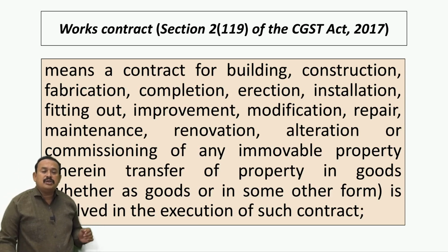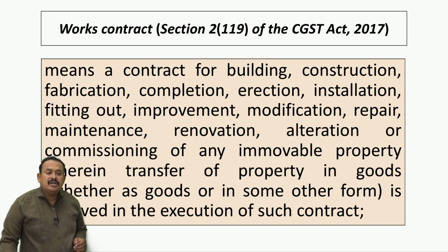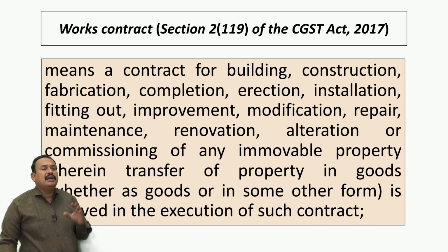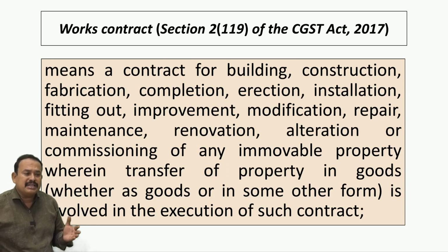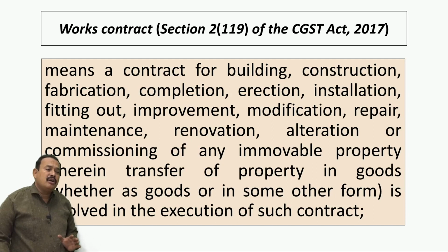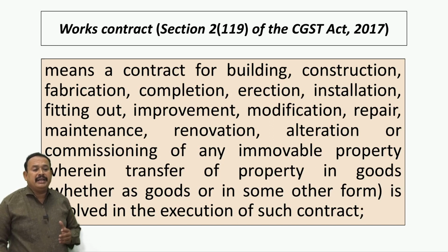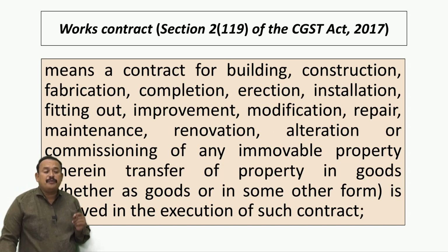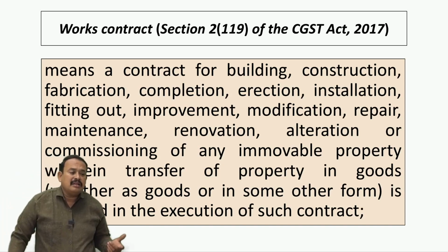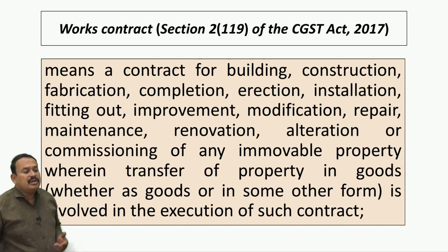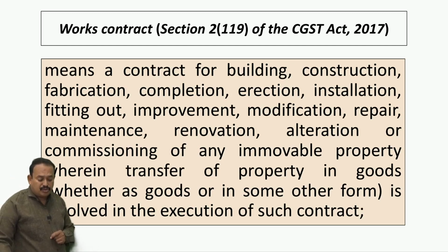I referred to section 2, subsection 119, which means a contract for building, construction, fabrication, completion, erection, installation, fitting out, improvement, modification, repair, maintenance, renovation, alteration, or commissioning of any immovable property wherein the transfer of property in goods, whether as goods or in some other form, is involved in the execution of such contract.